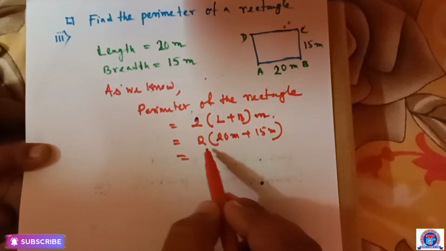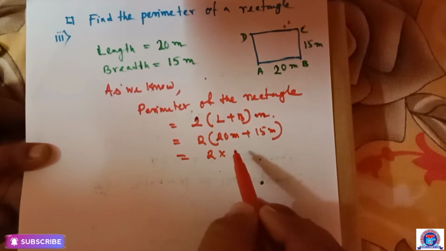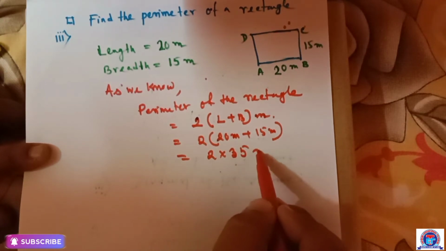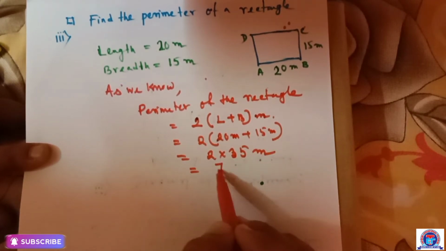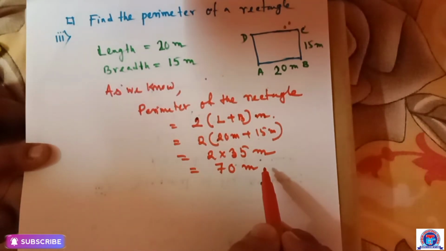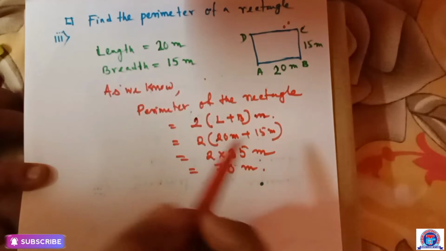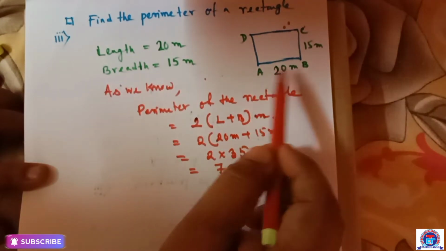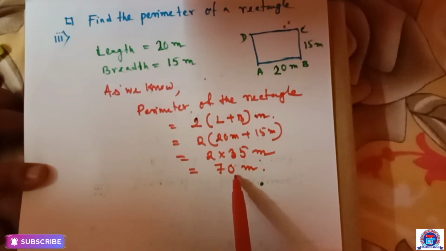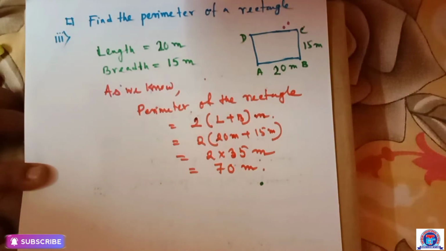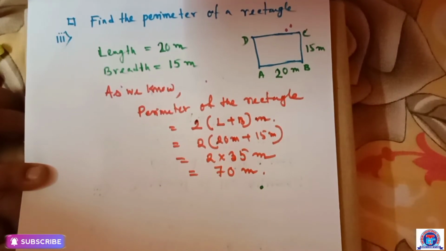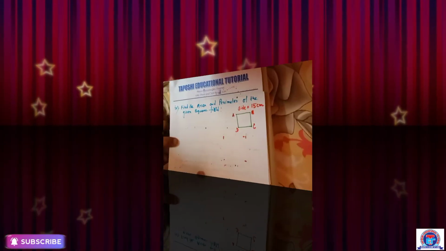Now it will become 2 into 35 meter, that means 70 meter, right? So the perimeter of the rectangle ABCD is 70 meter. Hope you clearly understood these mathematical problems.